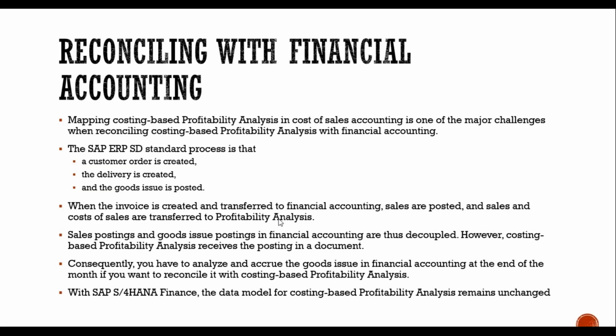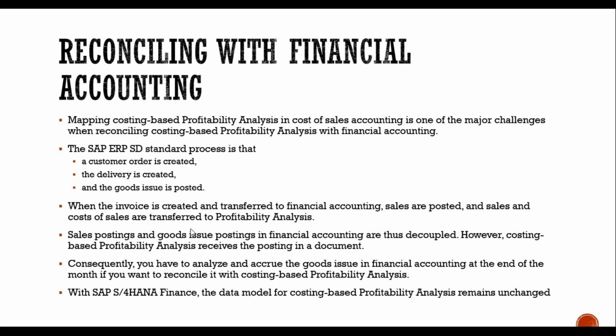Sales postings and goods issue posting in financial accounting are thus decoupled. Decoupled means there is a difference. However, costing based COPA receives the posting in a document. So consequently, you have to analyze the accrued goods issues in financial accounting at the end of the month. Don't worry about this, I'll talk about this. With S4HANA, the data model for costing based COPA remains unchanged.